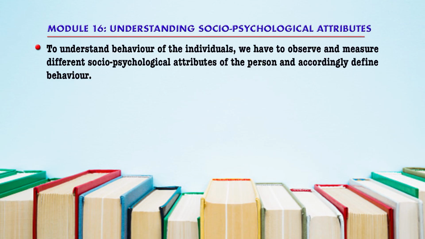First of all, to understand the behavior of individuals, we have to observe and measure different socio-psychological attributes of the person, and accordingly we can define behavior. Here you see I am not saying only psychological attribute, rather it is socio-psychological attribute.